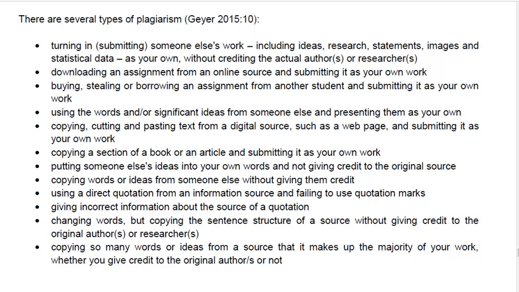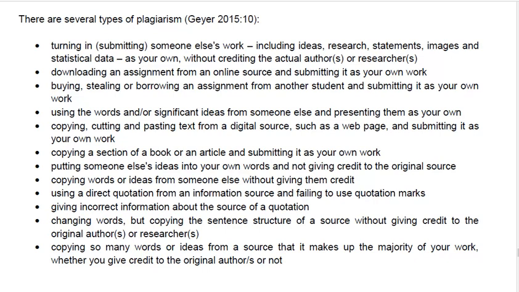You can just pick one and say, submitting someone else's work as your own. Number two, you can simply say downloading an assignment from the internet or buying an assignment from private tutors. You can say anything in your own way, in your own words. Paraphrase everything here. Let's continue.